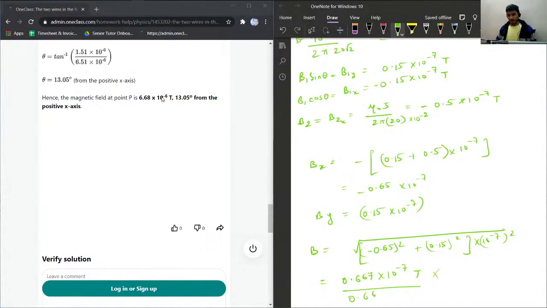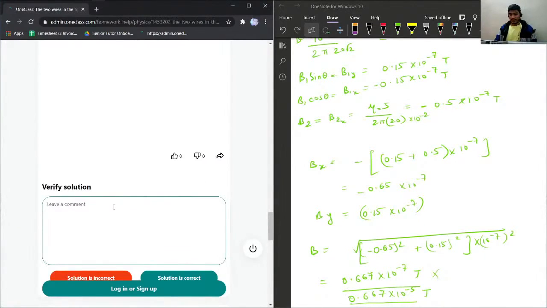So this will be 0.67 into 10 power minus 5 Tesla. And if I take one more, I take this here, then it will become 10 power minus 6. So I don't suggest you guys to do such kind of things, because it works for those people who have a good command on such kind of questions or some kind of experience. Solution is correct. Good work.